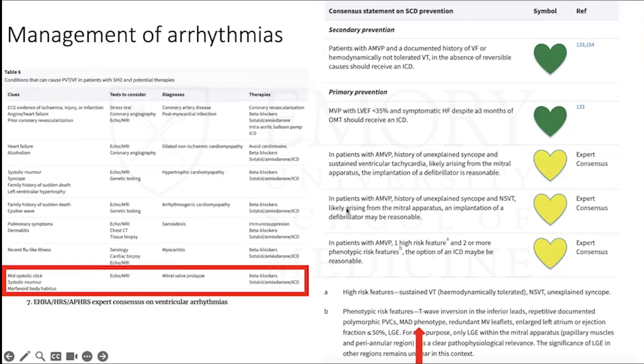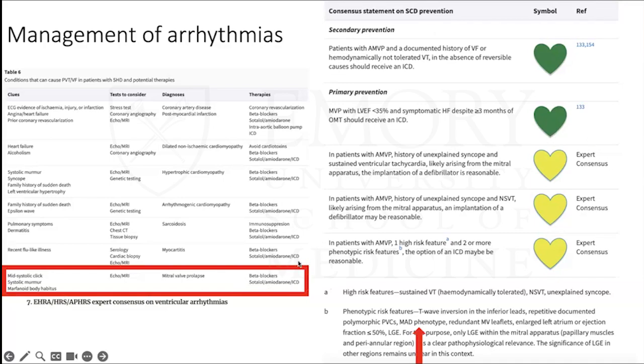Looking in the entire article, there's one table that lists a mid-systolic click, systolic murmur, marfanoid body habitus, mitral valve prolapse, and this is how you treat it. There was no mention of mitral annular disjunction, and no mention of prophylactically implanting these people with ICDs. So I thought that was notable. That's the only place it shows up in our expert consensus from the American side, from the HRS side.